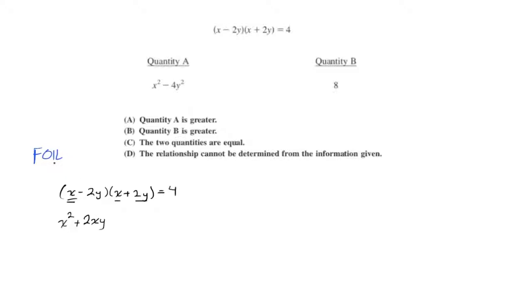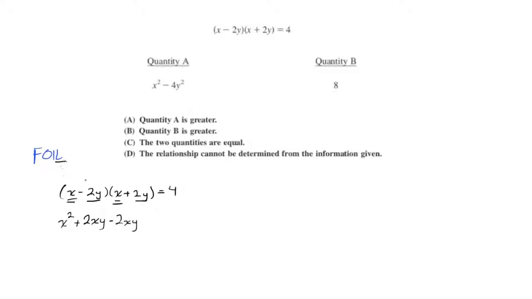Then you can do the inner ones, the ones on the inside of our side-by-side binomials. Now we have negative 2y times x. It's a negative times a positive, so we have to do minus 2xy. Could also say minus 2yx, but I'll keep it the same order as I've said over here.